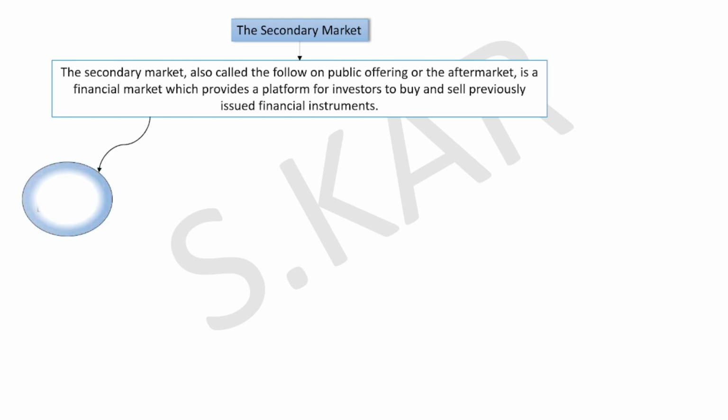Now the secondary market has a lot of wings. Wings means parts, or the organs. If the secondary market is a full human body, then these are the organs who perform their different jobs in order to keep the secondary market alive. Every one of them has their individual and independent jobs.